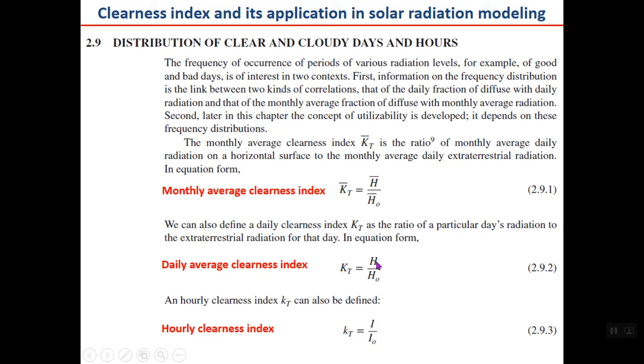You can measure H for that location. You can calculate H0 for that location. Please note that I said measure H, calculate H0, because H0 is calculated from the formula, H is measured. Then by dividing these two, you can find KT. And if you repeat the same for different days of the month, finally you can find, for example, K bar T.